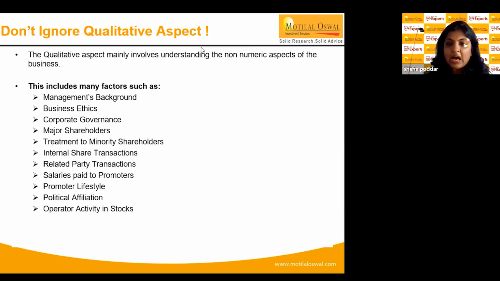Or otherwise, there are various financial sites which will give you the financial ratios for each sector, and how the company is standing vis-a-vis the peers within that sector. So there are sites like RateStar, Screener.in, then Trendline, and a couple of other sites as well. Or you can ask your broker advisor; they can also help you out.